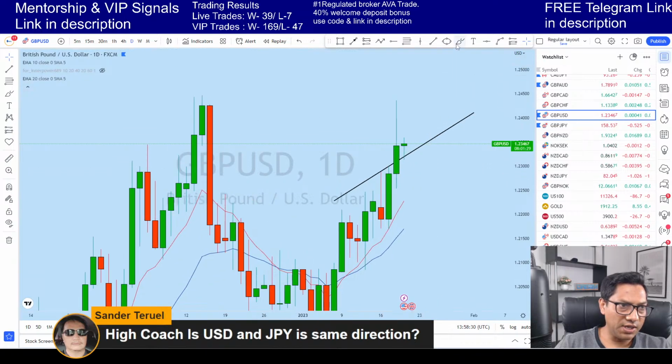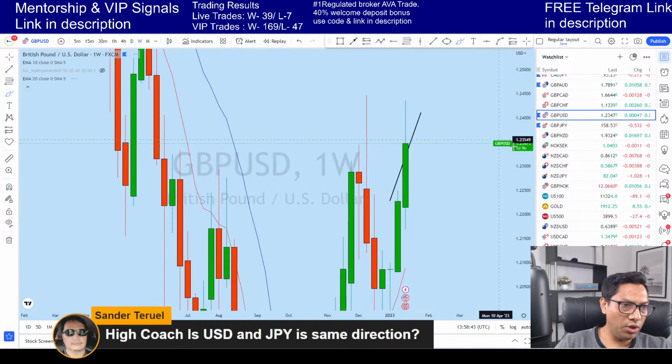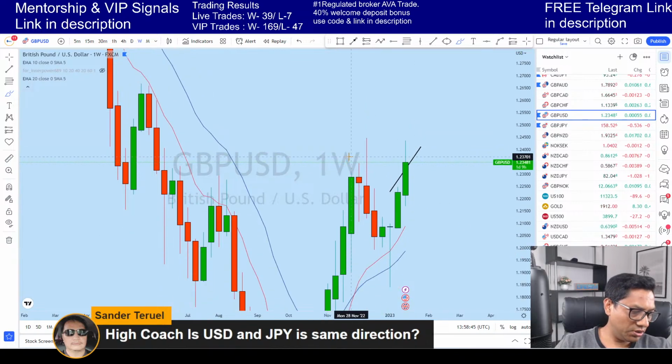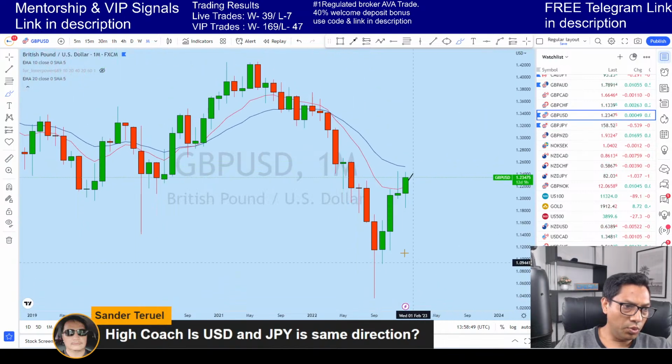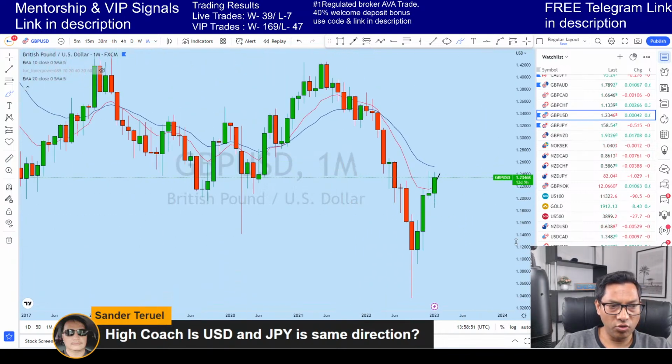We see the price has gone to this resistance level, which turned support here, and from that zone GBP USD is slowly going up. Looking at weekly, which is strongly bullish price action, daily and monthly also bullish. GBP USD grabbed liquidity from here, and I think that GBP USD might create a very strong bullish price action.